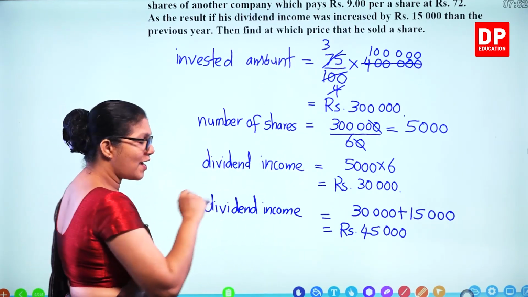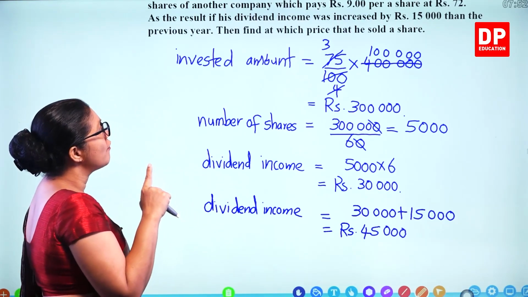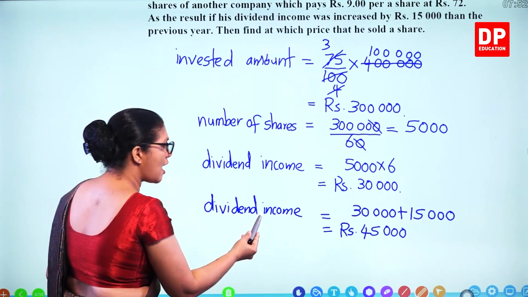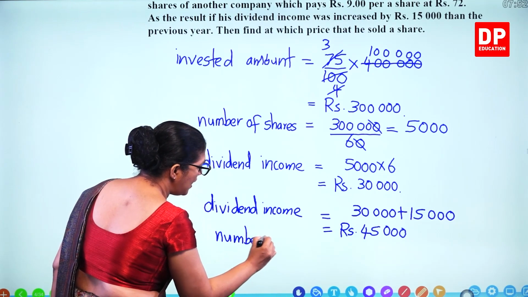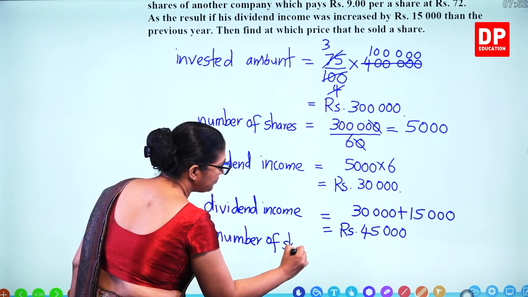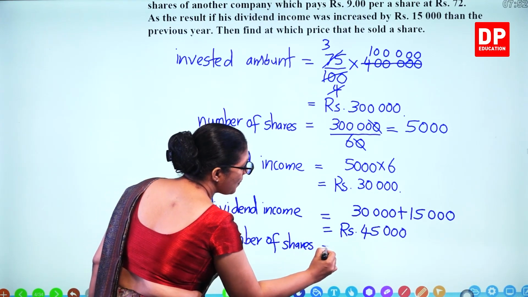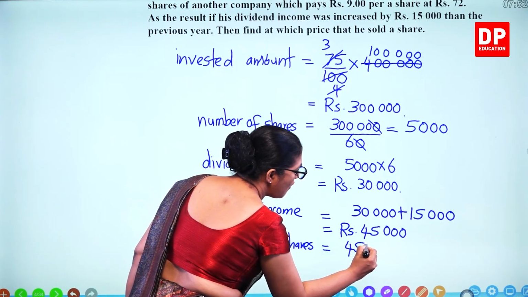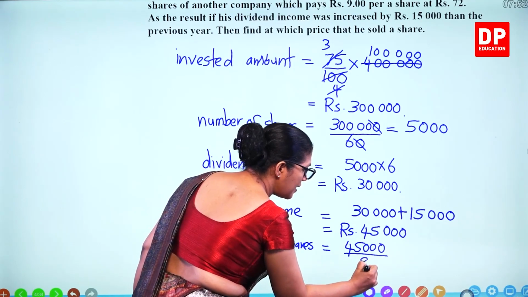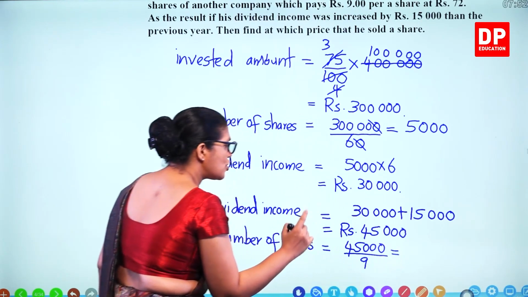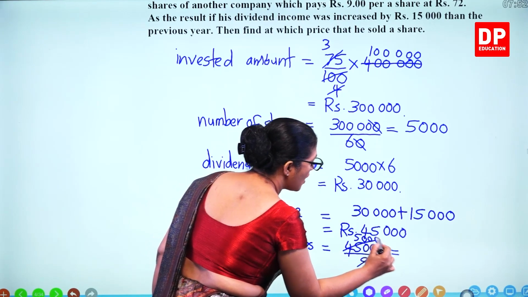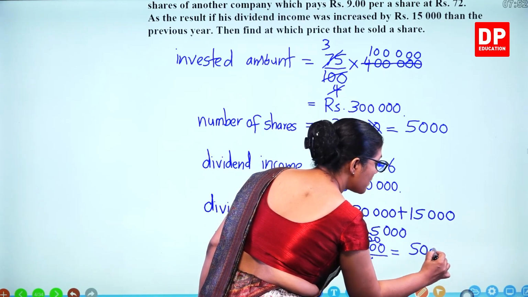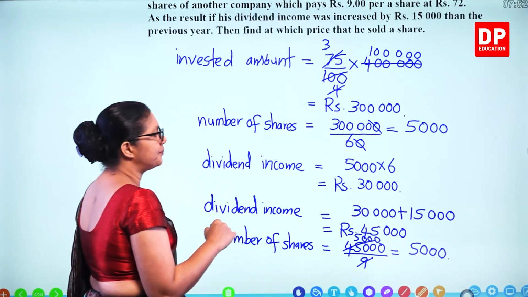From that you can find out how many shares from the dividend, because this is the dividend income. So number of shares for the second company is 45,000 divided by 9, because 9 is the dividend per share. So you get again 5,000 shares. He bought 5,000 shares from the second company as well.